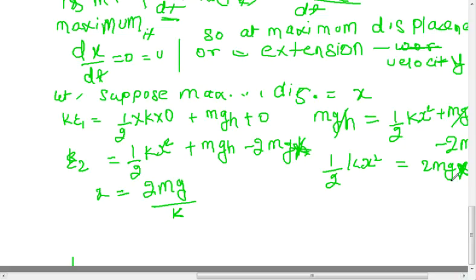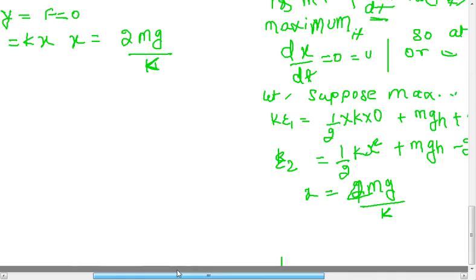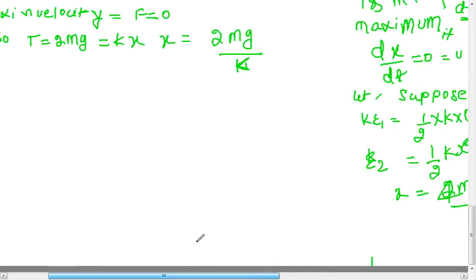Oh yeah, 2 mg here. This will be 4 mg, because 1 by 2 into 2 mg x, 2 into 2 is 4. So here x is the displacement at maximum velocity. Now what is the initial energy?